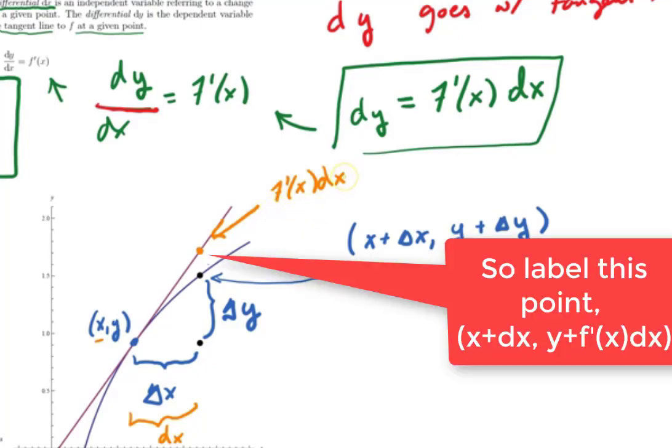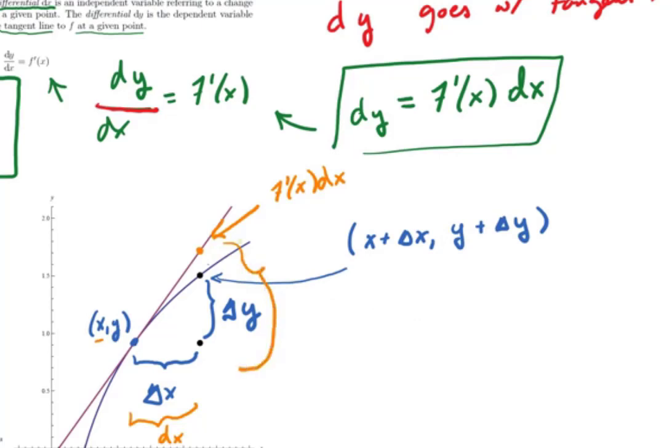This is the quantity that I'll be able to calculate easily, and this is our differential y. So from this picture, and I know this picture got a little messy real quick, we see that for small enough values, differential y is approximately delta y.